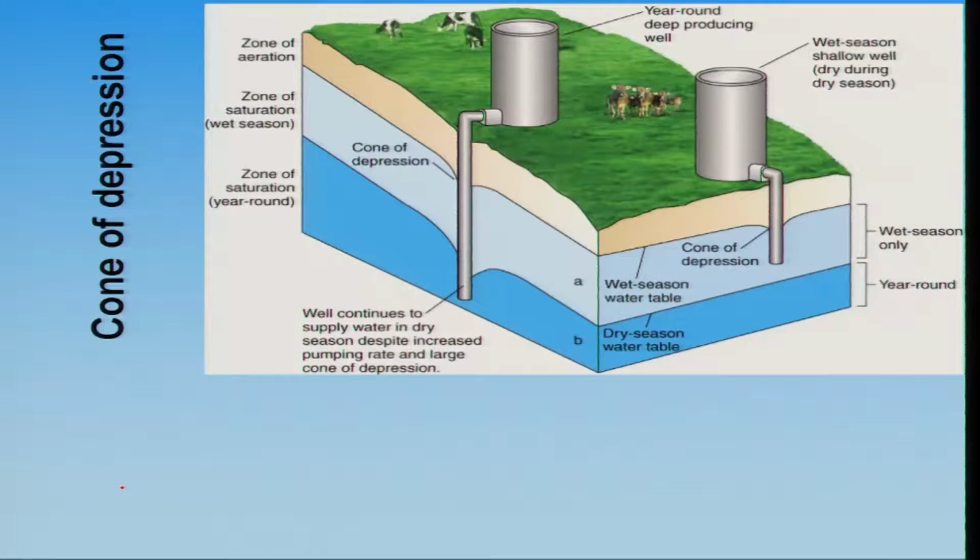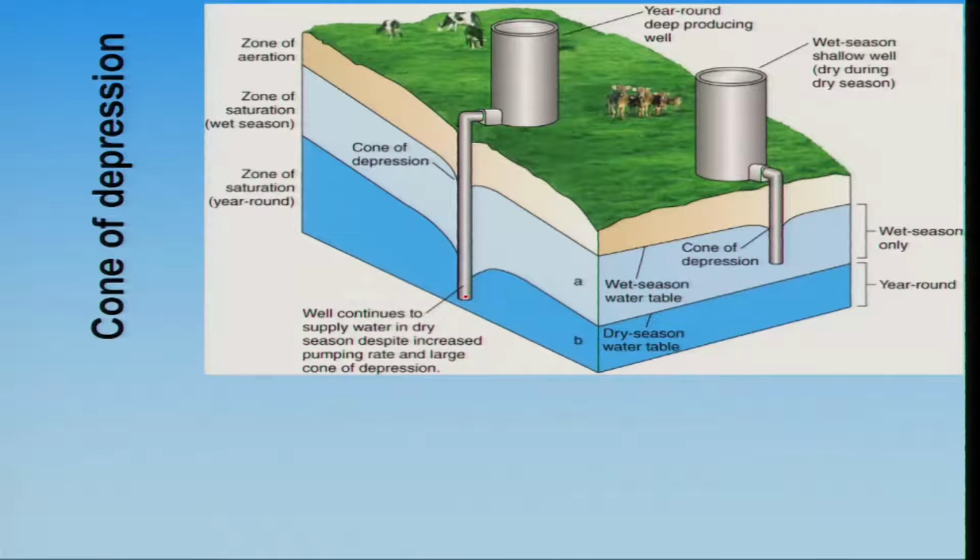Now, another important aspect of groundwater is that if you keep on having excess removal of water, then the depth of the groundwater increases, close to the areas where you are pumping out the excess water.